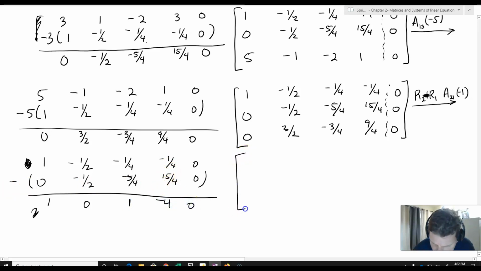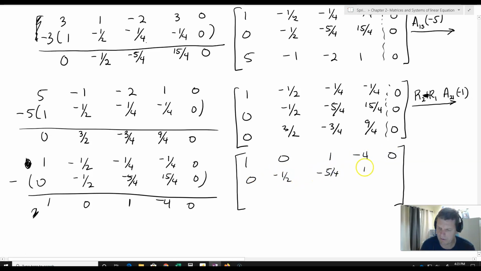That actually cleans things up a little bit for us. So what we now get is 1, 0, 1, -4, 0, 0, -1/2, -5/4, 15/4, 0, and then 0, 3/2, -3/4, 9/4, 0.